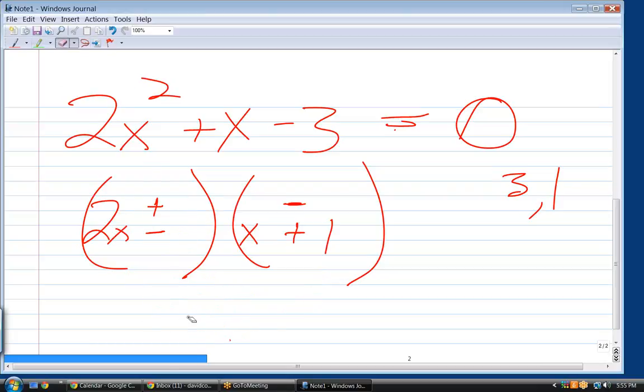In other words, when I first accidentally tried that, it gave me minus 5x in the middle, which isn't even the right number, which means there's no way, in other words, if this produces a minus 5x in the middle, then if I move the 1 down there and the 3 over here, all it's going to do is give me a plus 5x in the middle. I can eliminate that solution.